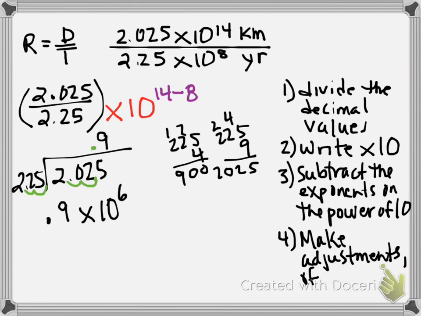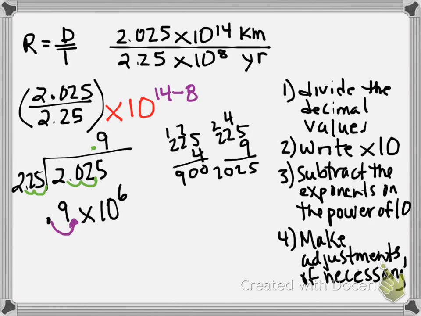And the adjustments we make have to do with the decimal value. Is that decimal value less than 1 or greater than 10? Okay, so we're going to make our adjustment. We're going to have to move the decimal point 1 place.